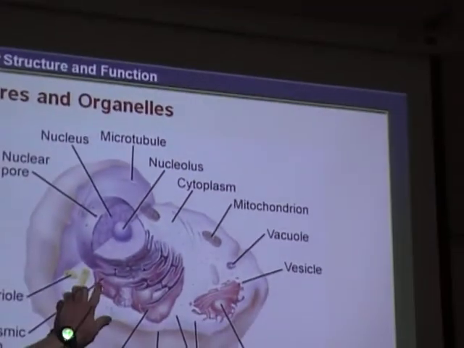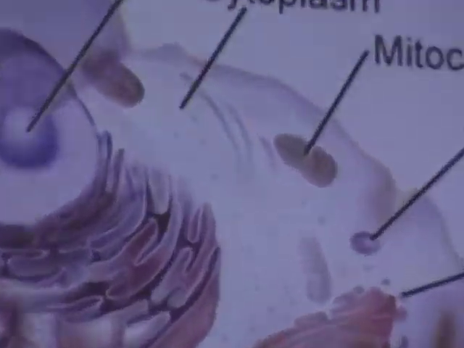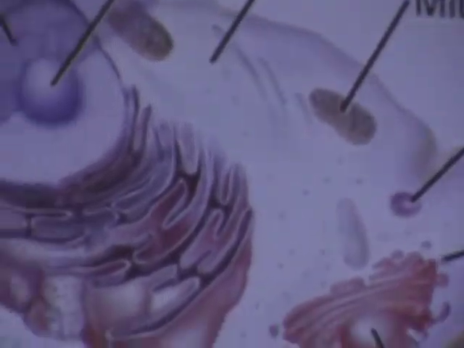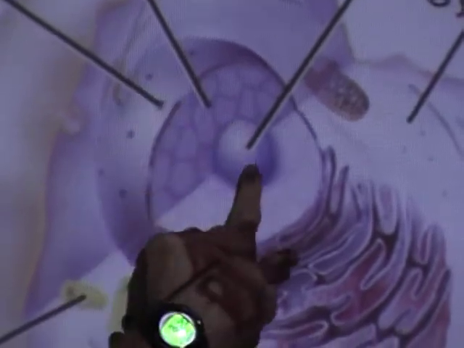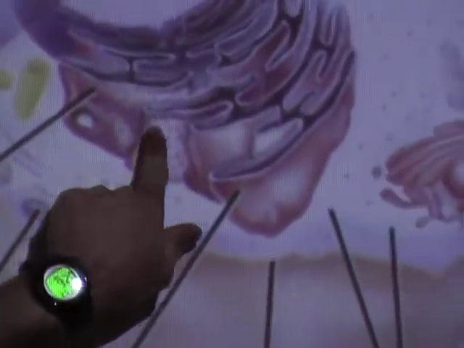Do you see these little dots all over the cell? Those are called ribosomes. They're made right here in the nucleolus, and then they exit the nucleus, and they often stick to this area here that's called the endoplasmic reticulum.